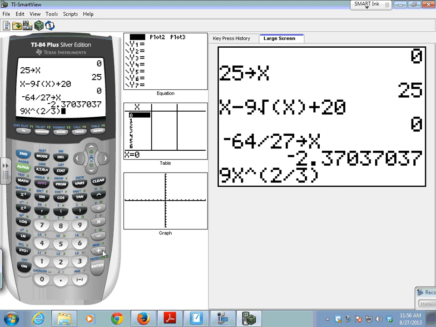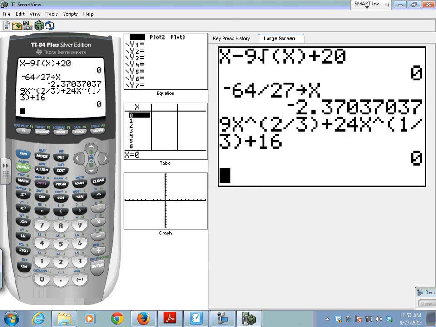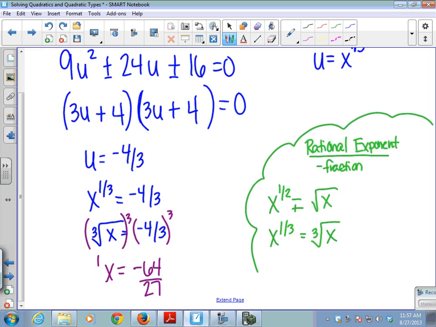So 9x raised to the 2/3 plus 24x raised to the 1/3, and then plus 16. Now if my answer is an actual solution and it works, it should give me 0. And it does. So this is a solution that works, so this is my final answer.